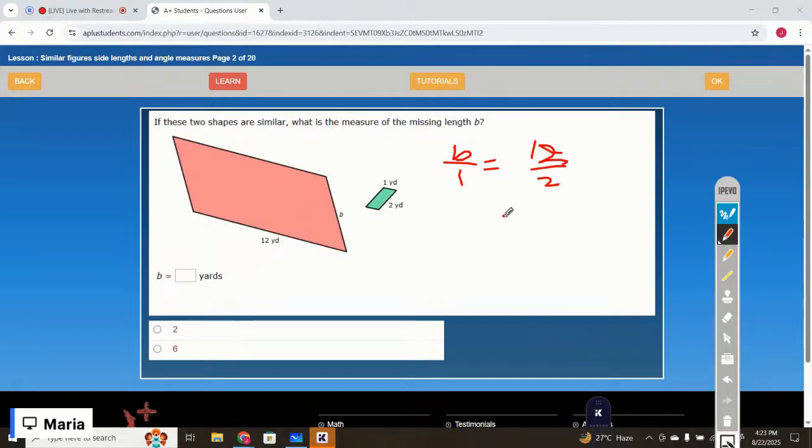To solve it for b, so that is 6. Option number 2 is the correct option.